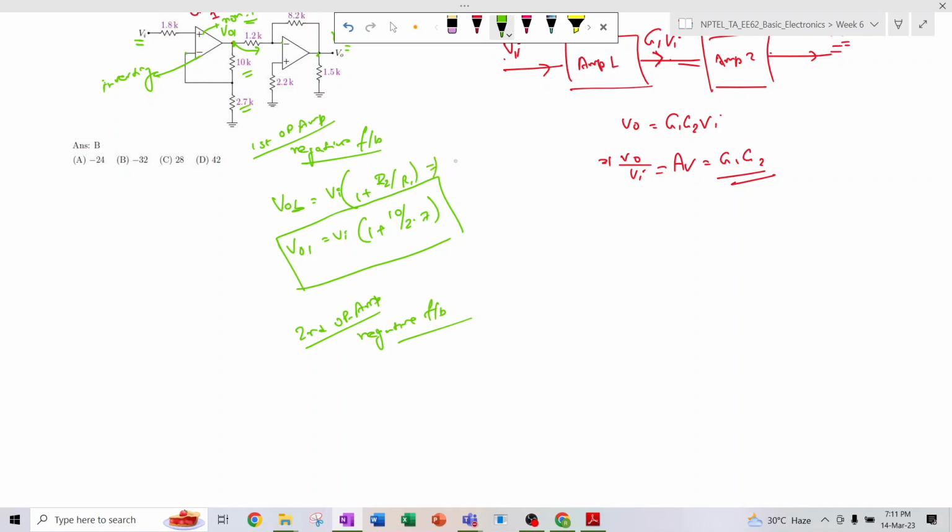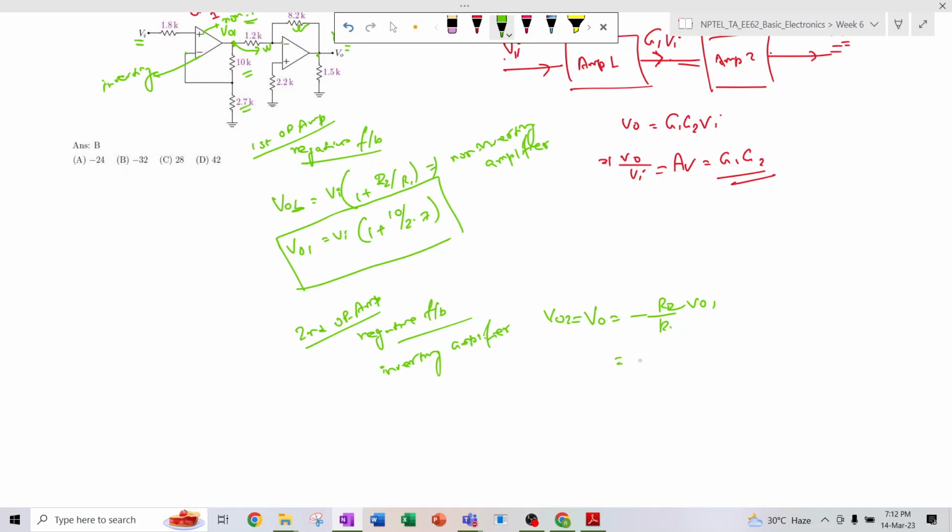So this was a non-inverting amplifier, and now it is the inverting amplifier. In the inverting amplifier, the output voltage Vo2, which is nothing but Vo, is minus R2 by R1 into Vo1, where R2 is the feedback resistance and R1 is the input resistance, right?